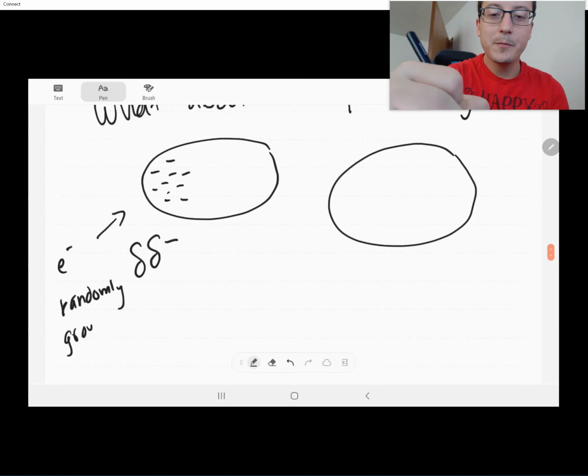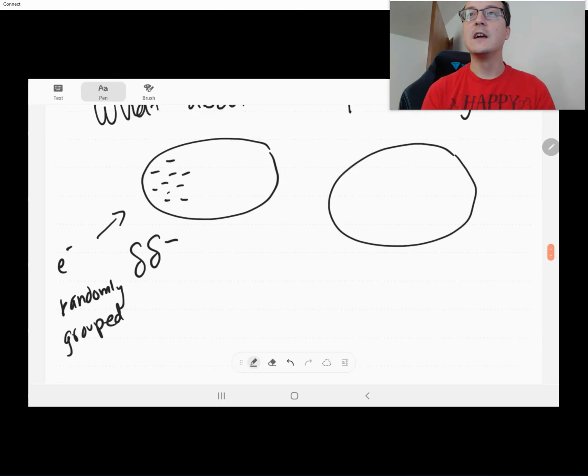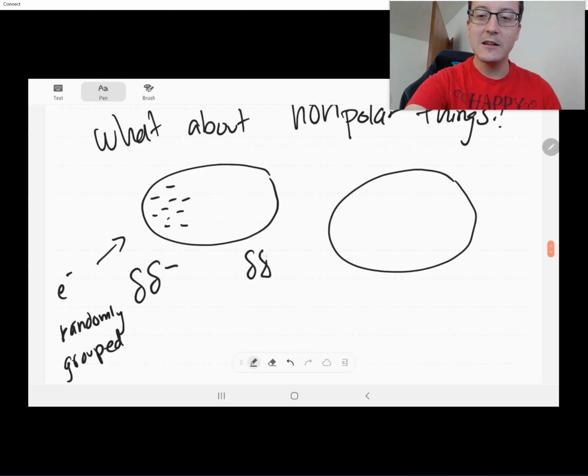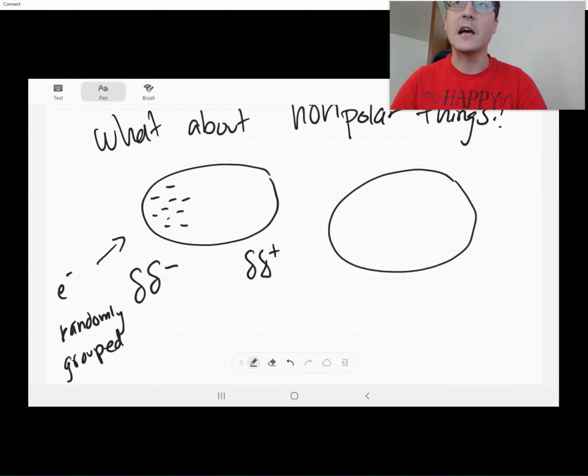So delta means partial, so this is a partial negative charge. And as a result, this side of the molecule is going to be just a little bit positive, just because there are not as many electrons on that side.